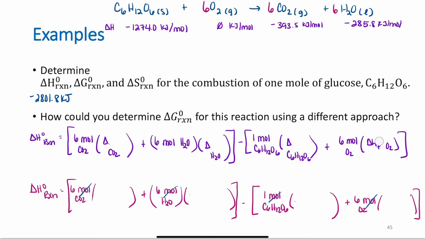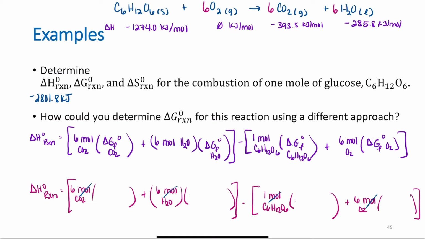So delta G and delta S can be calculated the exact same way. We can say delta G of formation for each species, and plug in their values.